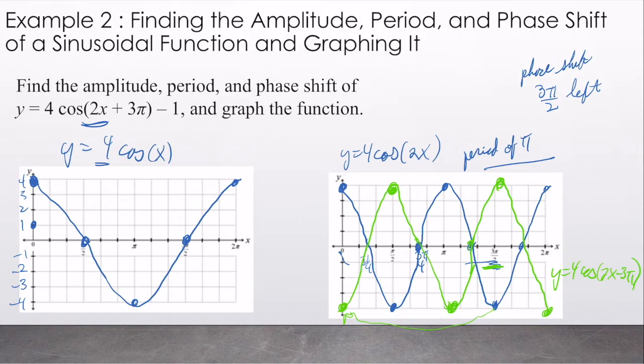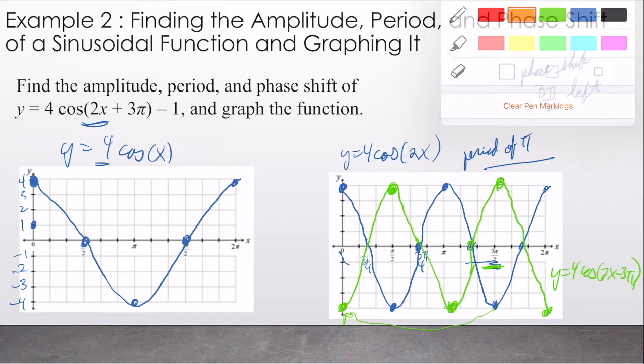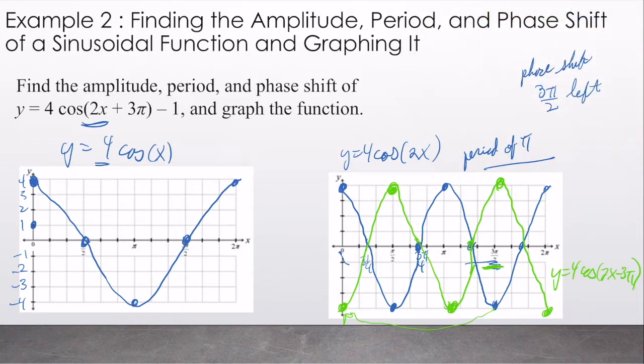Next thing I need to do is move that down 1. So let me graph that in orange. And I'm going to graph that actually over here, so we have everything on the same page. It'll just be a little bit easier to see. So now where my point is at -4, it becomes -5. Where my point is at +4, it becomes 3, right? We're shifting everything down 1.